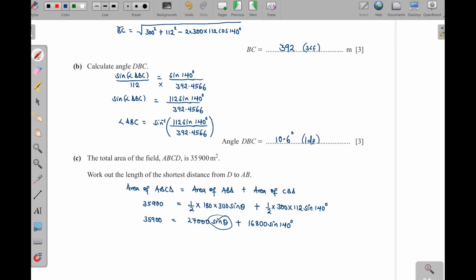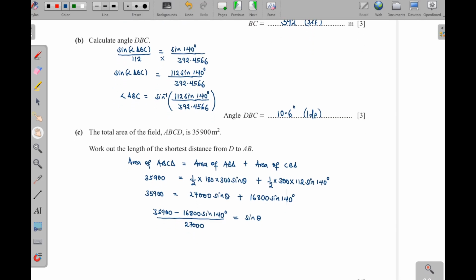So you make sine theta the subject of the formula. Bring this one this side, then divide all through by that, not so? So we have 35,900 minus 16,800 sine of 140 degrees, then we divide by this 27,000, and this will be equal to sine of theta.